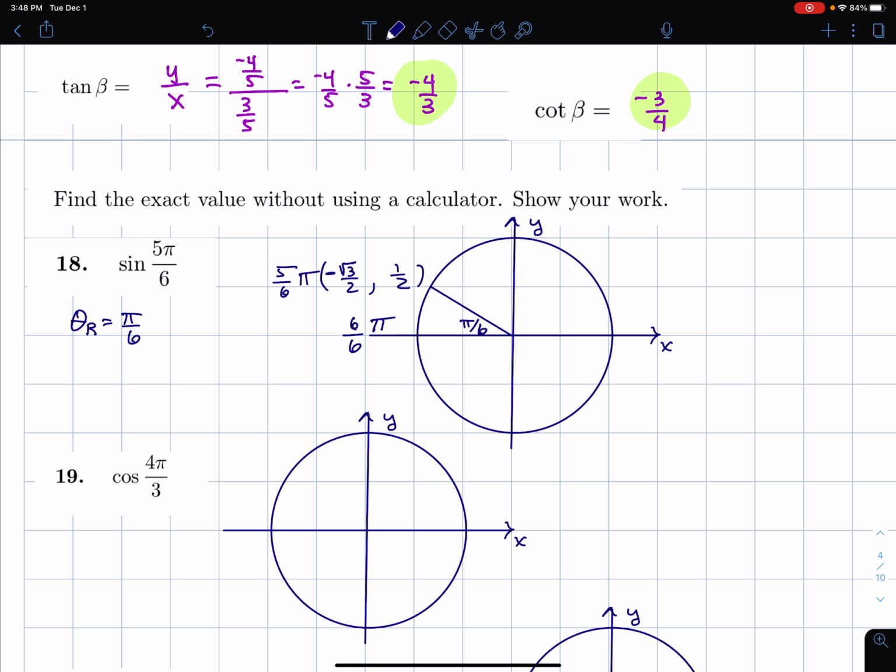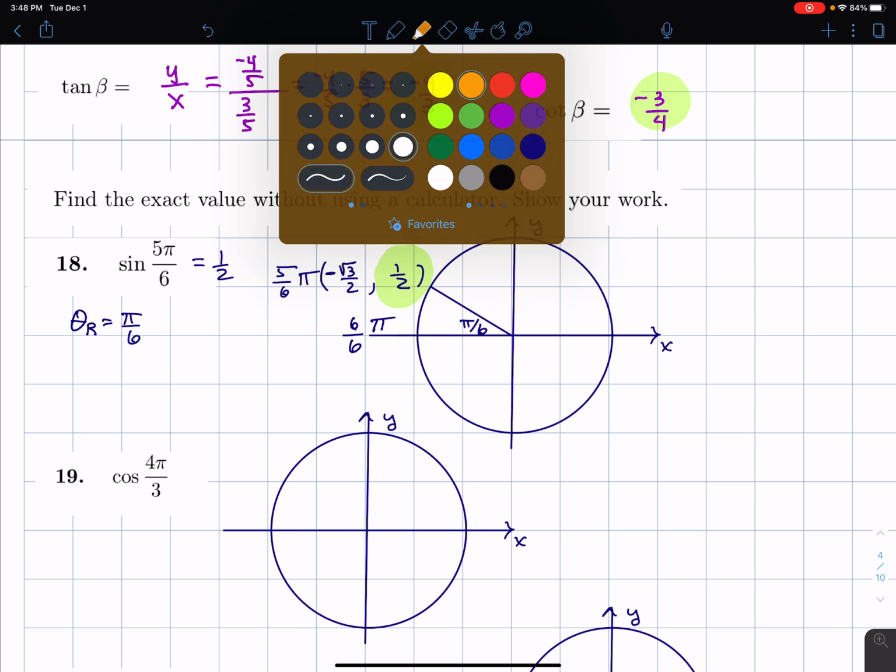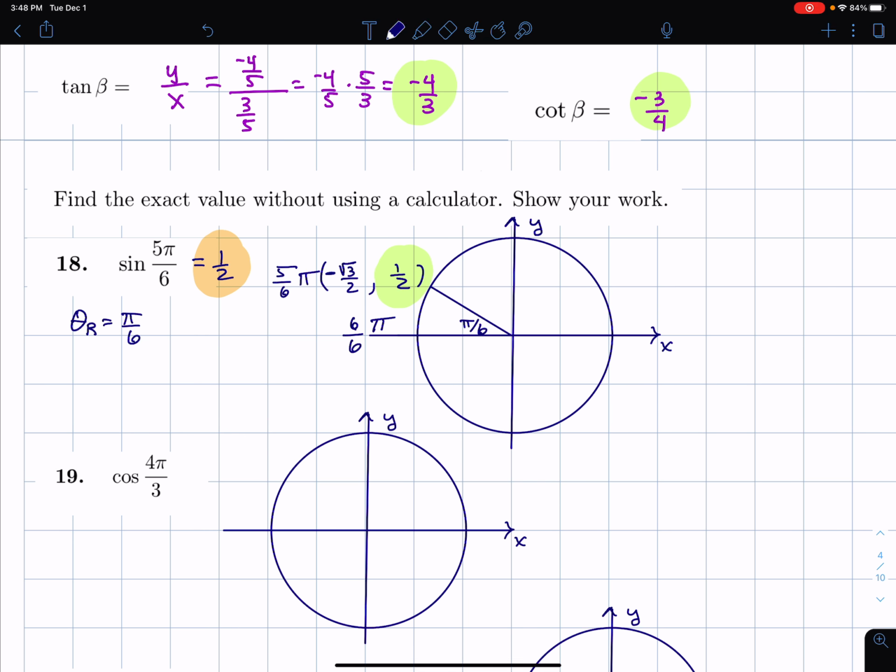Now, sine is simply the 1/2, which is the y coordinate, because sine is the y coordinate. Another way to do this is to keep in mind that π over 6 corresponds to the degree angle 30 degrees, and we can make a nice little handy right triangle there and use that sine is opposite over hypotenuse, and therefore it's equal to 1/2.